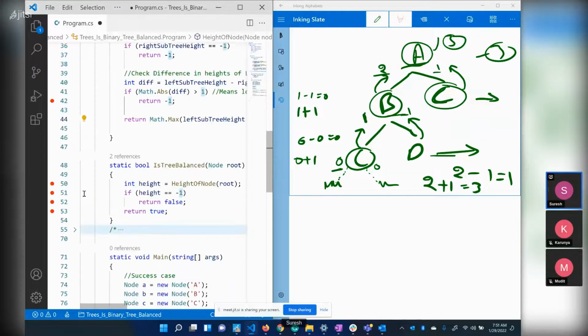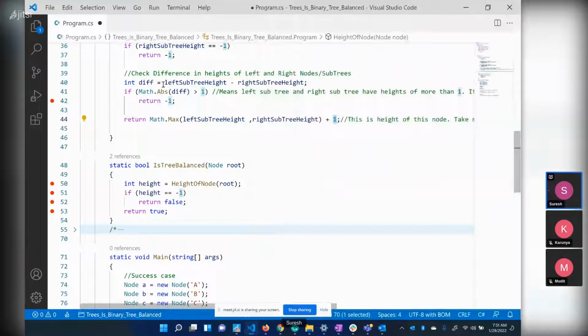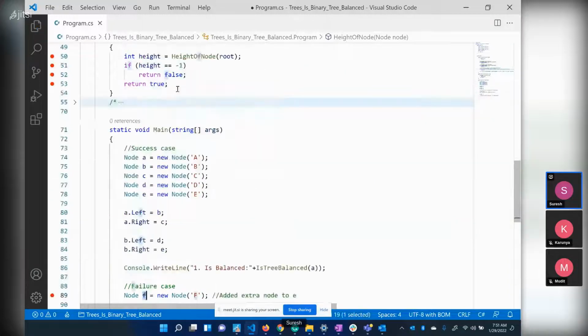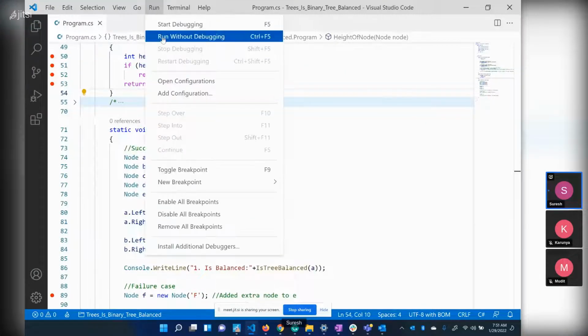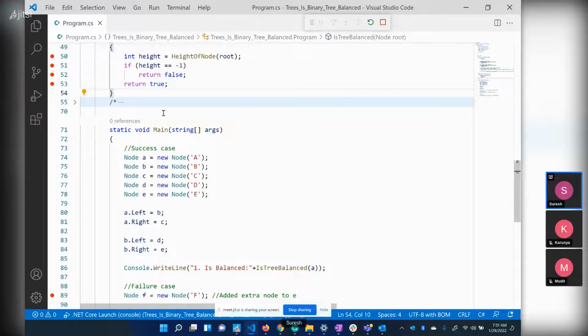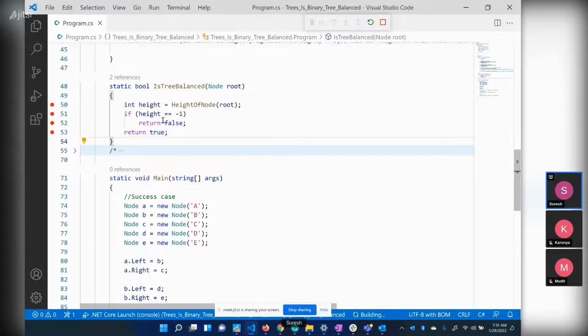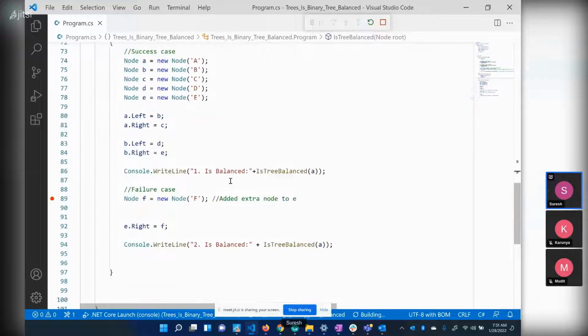Let's check that. So you can put a breakpoint. We already have a breakpoint there. Okay, so now if I go and run with start debugging, for this particular first algorithm, we will get height equal to 3.